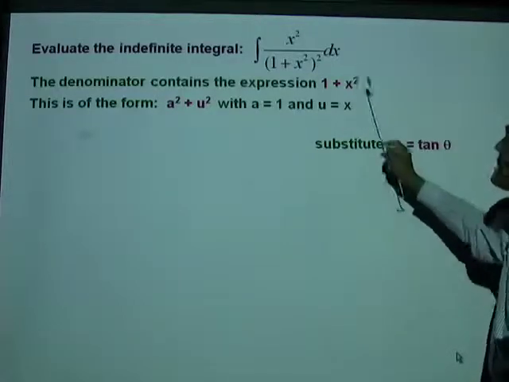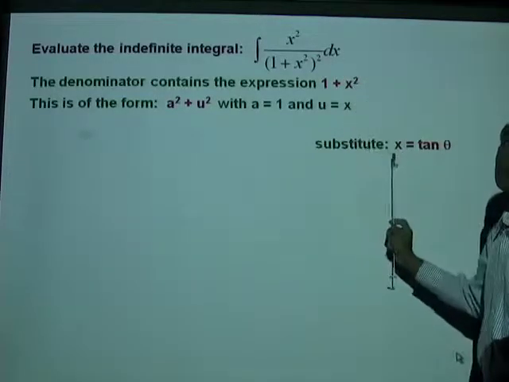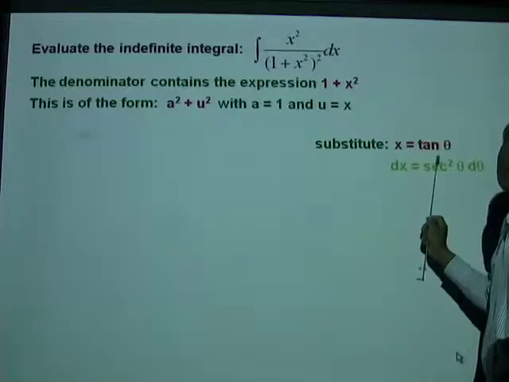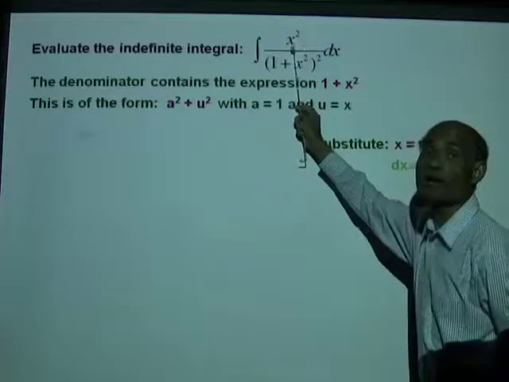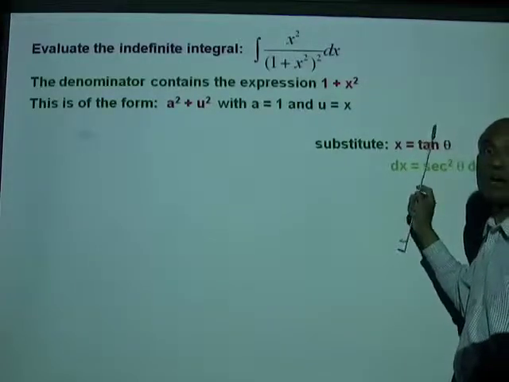If x equal to tan theta, what is dx? Okay, dx equal to secant squared theta d theta. And what is x squared? x squared is tan squared theta.